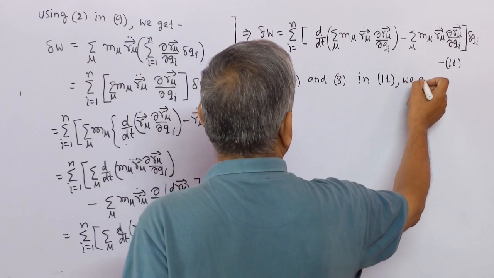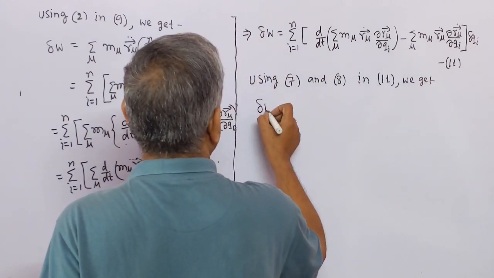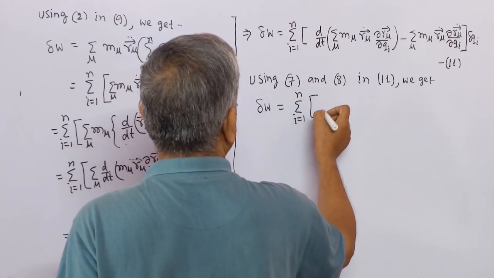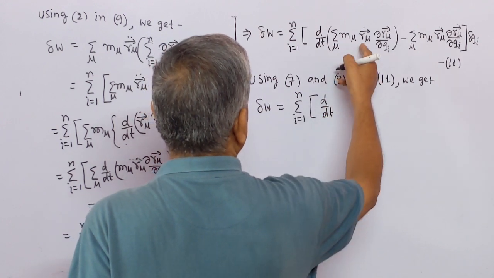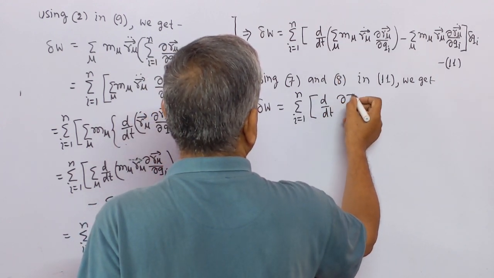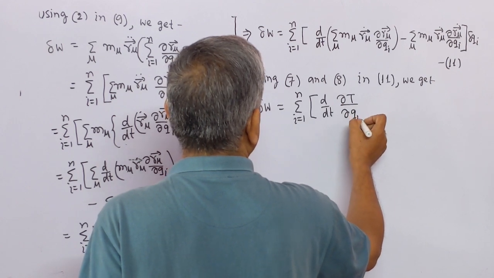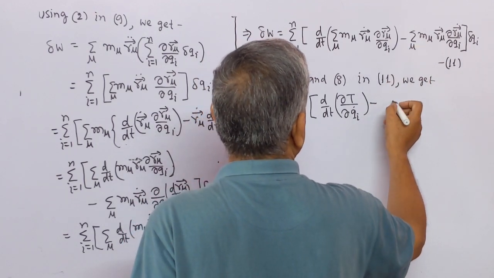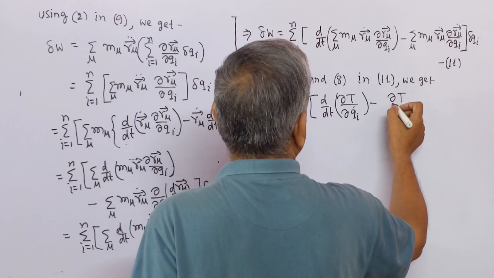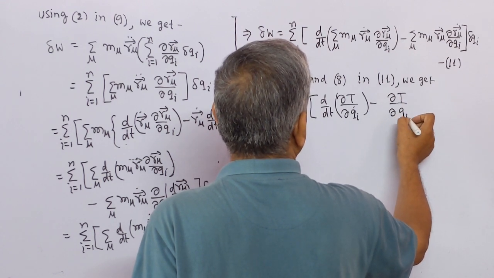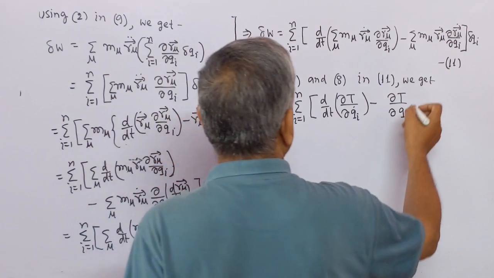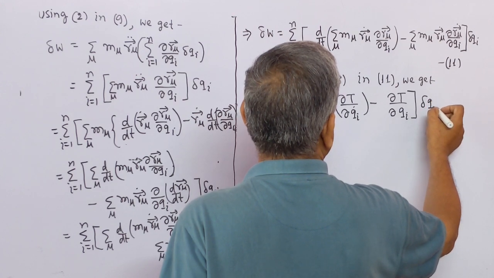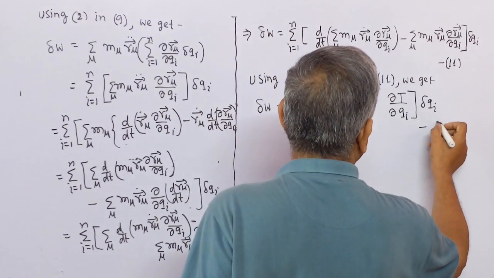We get virtual work done by the system equal to sigma i equal to 1 to n d by dt. This is from 7 partial derivative of t with respect to qi dot minus this is partial derivative of t with respect to qi in 8, multiply delta qi. This is number 12.